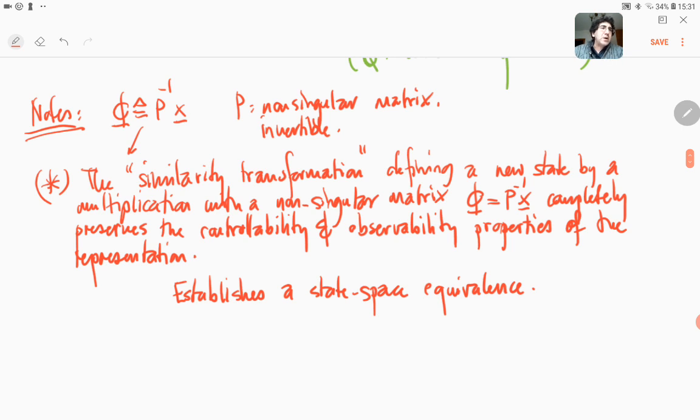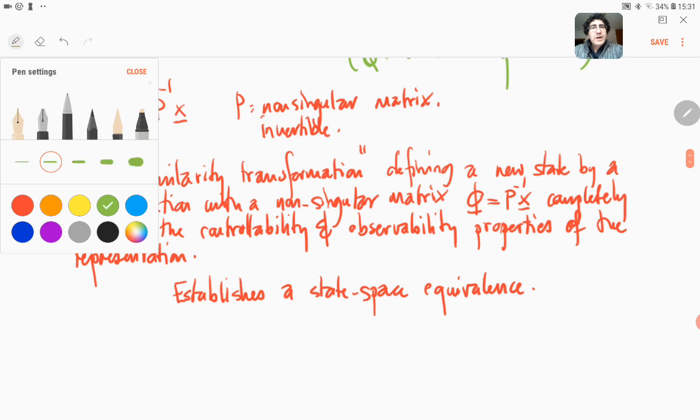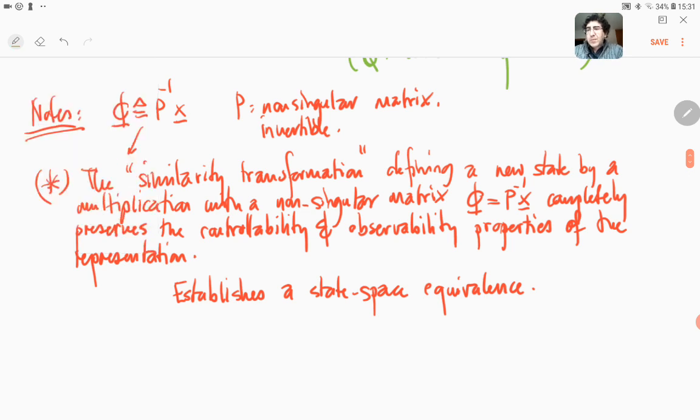If one is completely observable, the other is as well, and if one is completely controllable, the other is as well. Let me also state the second property, which relates to what happens when you are deriving the transfer function.